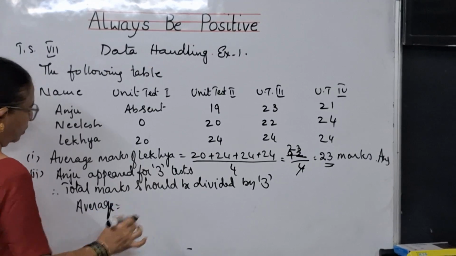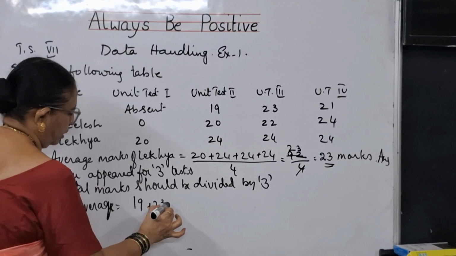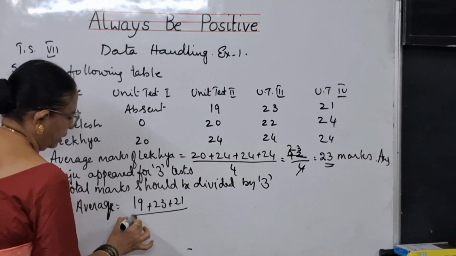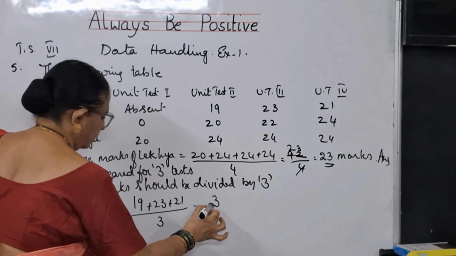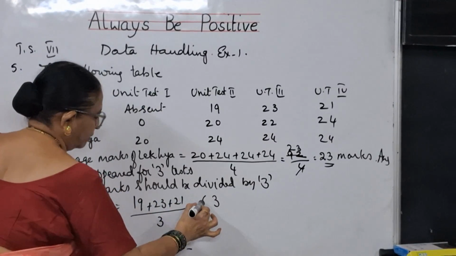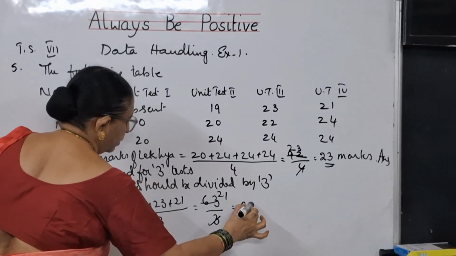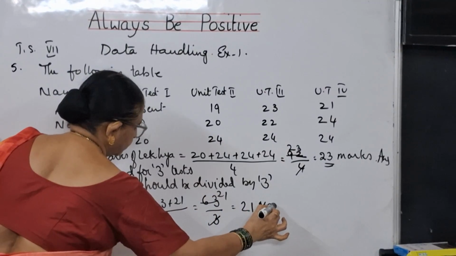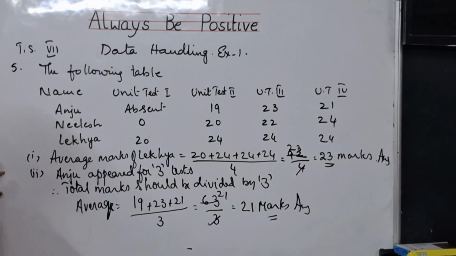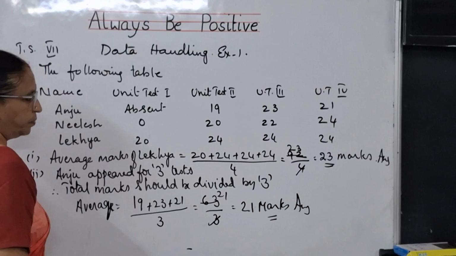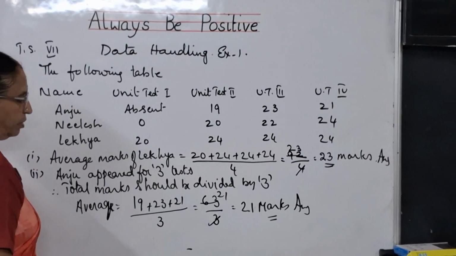Average is equal to Anju marks 19 plus 23 plus 21 by 3. So the sum is 63, 63 by 3. 3 2s are 6, 3 1s are 21 marks. This is the answer for second bit. Please copy. I will be writing the other 2 bits afterwards.